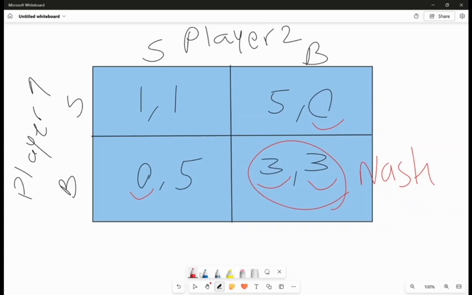Both won't remain silent, both would snitch on each other. And this is going to be the equilibrium of this game, which is called the Nash equilibrium, right? So this is how we find the Nash equilibrium of the game. You use the same process every single time you find the equilibrium of any game, right?